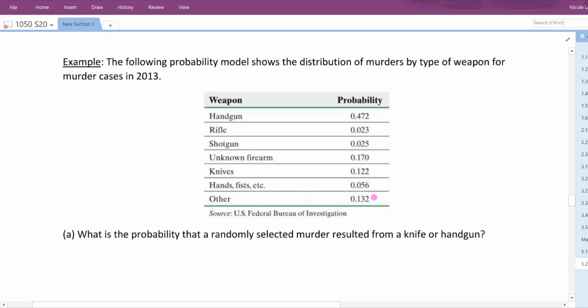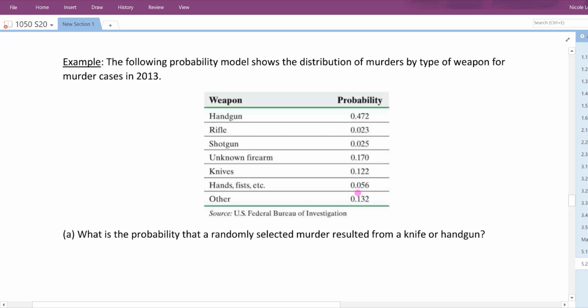For example, the probability that a murder in 2013 used a handgun was 0.472, or about 47% of murders in 2013 used a handgun. For rifle, the probability was only 0.023, so about 2.3% of murders used a rifle, and so forth.